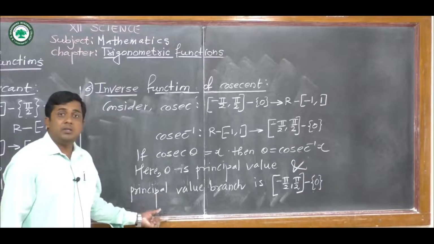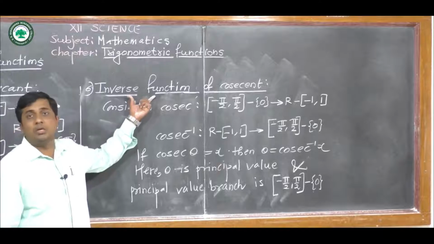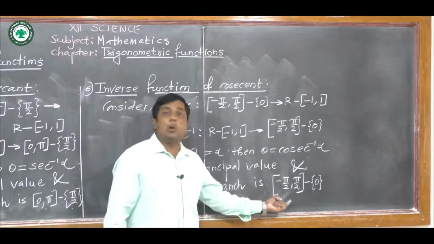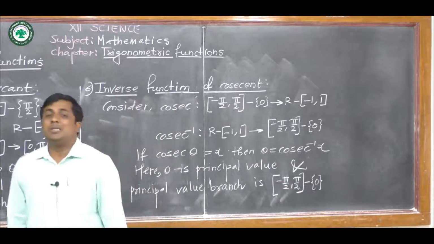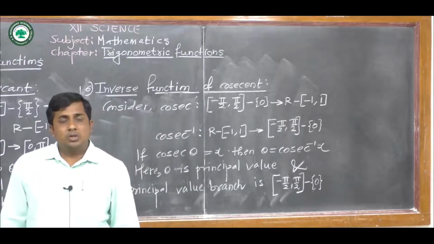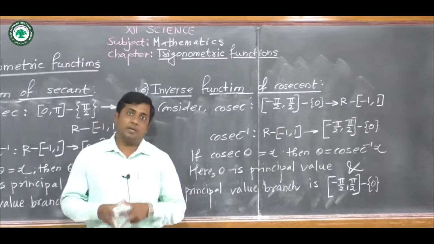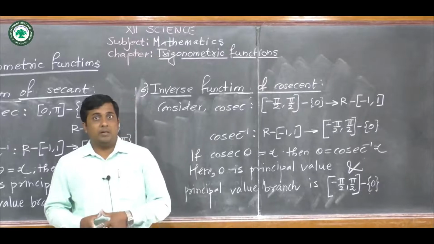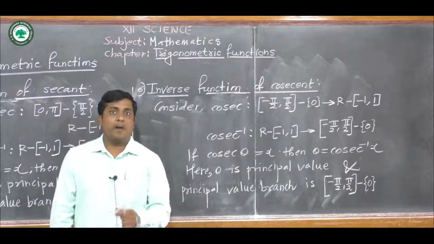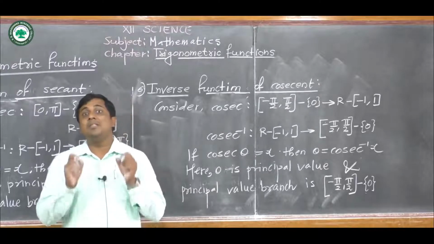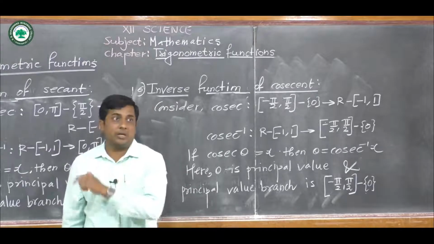So remember, this principal value branch for the inverse function of cosecant is the closed interval minus pi by 2 to pi by 2 except the value 0. So here we have defined all the inverse trigonometric functions, with their domain and range and the principal value branch for each function.